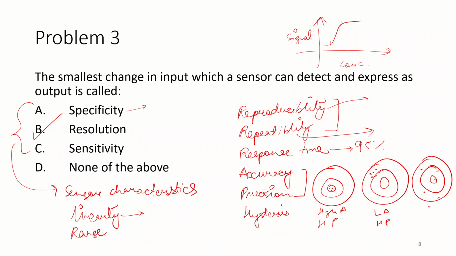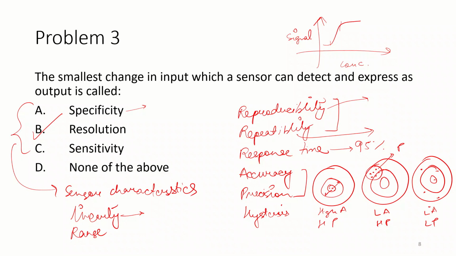Then you have this condition in which it is low accuracy, and all the points are also differently placed, so low precision too. So the closeness of all the values is defined as precision, and how far it is from the true value is the accuracy.